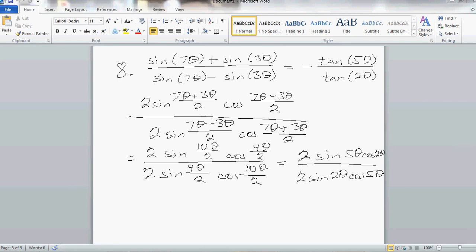Now the 2's will cancel each other out, so we can get rid of those. So we're left with, and I'm going to rewrite this a little bit differently.